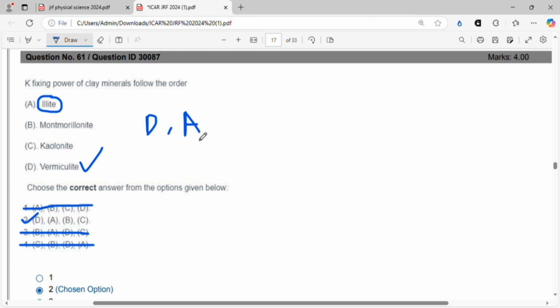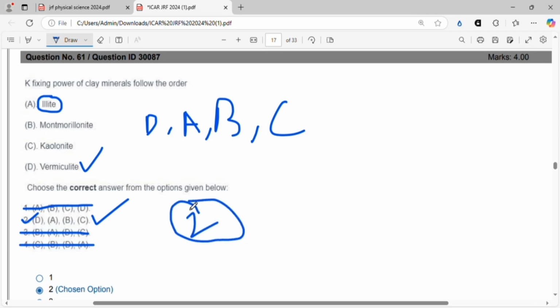And after illite, of course, it will come montmorillonite, because kaolinite, as you know, due to its hydrogen bonding between the 1:1 layers, has very strong hydrogen bonds, and therefore no ions can penetrate the C-axis or the basal spacing, the space between the two 1:1 layers. So for kaolinite, the fixing power is the least. So option 2 is the correct answer.